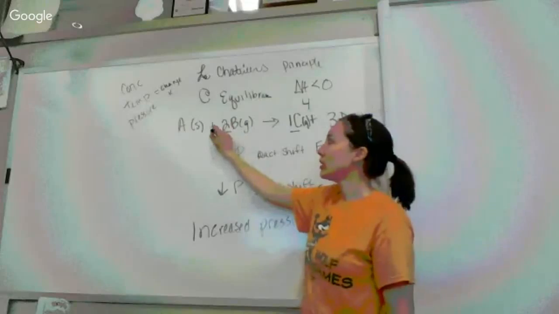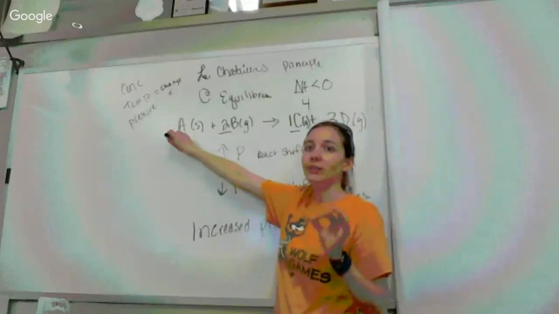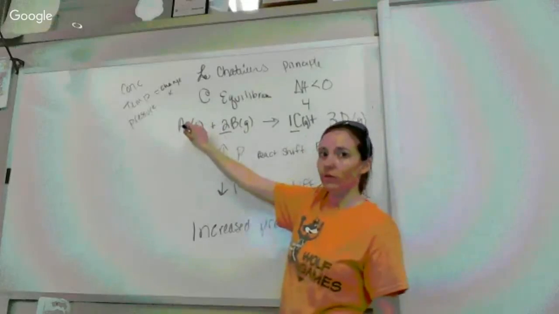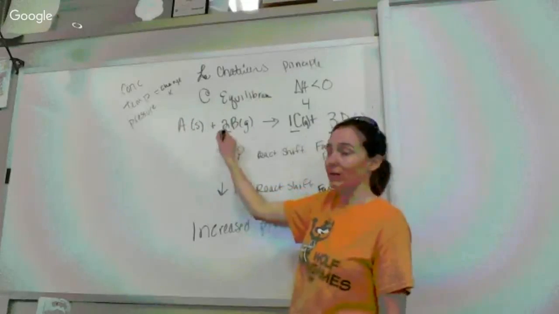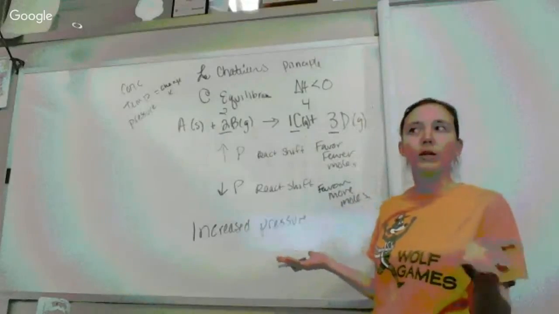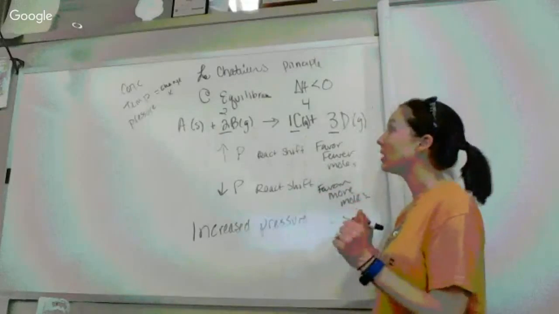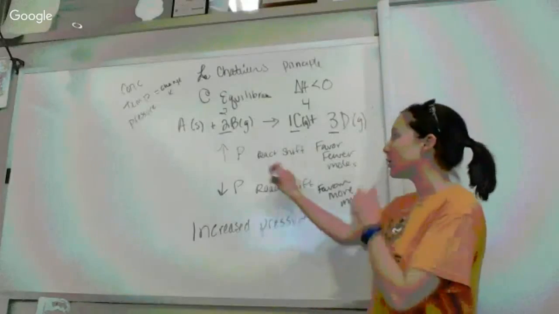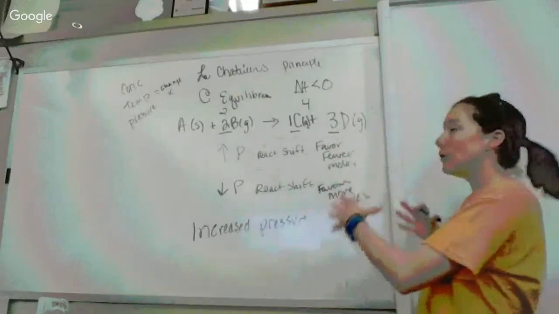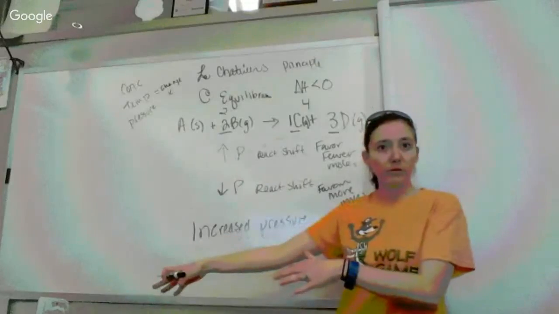And I have 2 moles here and 1 here, but this one doesn't count because it's a solid. So I'm only looking at the moles of my gases. So we have 2 moles on this side. Granted, it wouldn't have made a difference because I'd still have 3 and that's still less than 4. But the point being, if I increase my pressure, I need to favor the side with fewer moles. So that would be my reactant side. So this particular reaction would shift in reverse.